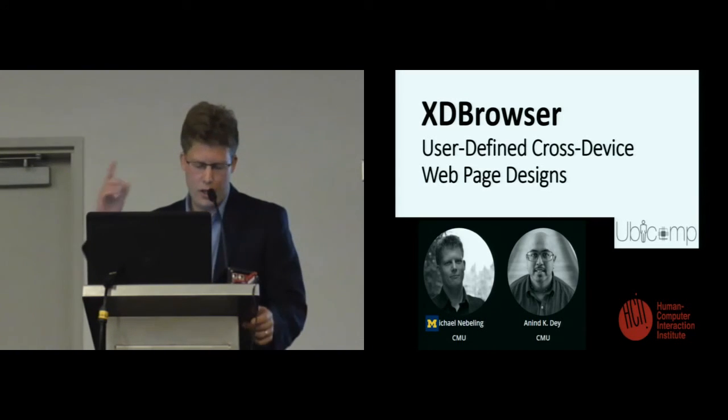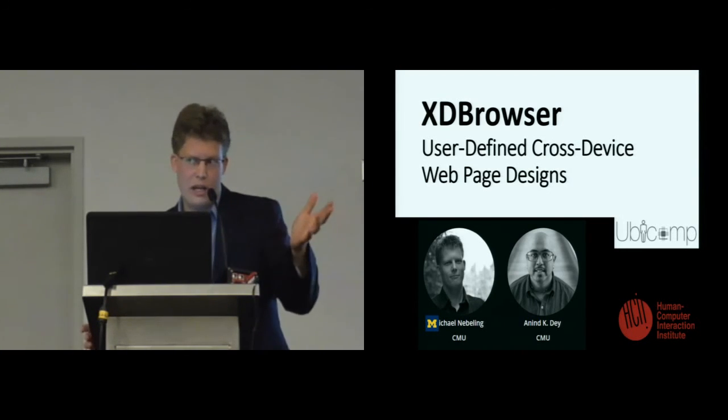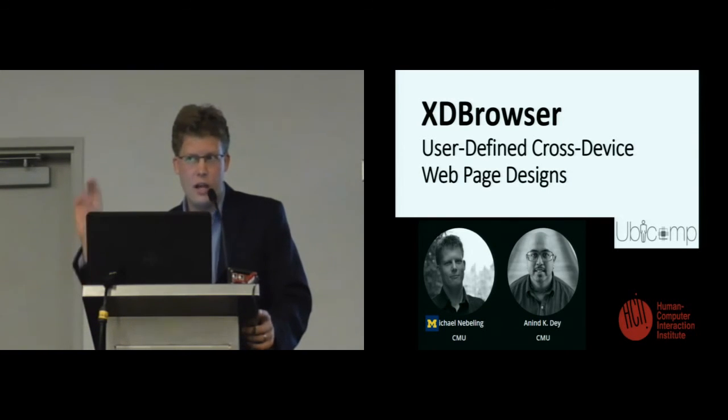Yeah, so when I showed the quick video of XDBrowser 2.0, this is the current state that I have. What I could give right now is a toolkit to people that allows them to annotate different elements, and based on these elements I could trigger these patterns automatically. But what I'm even more interested in is being a little bit more intelligent about it by applying the techniques to existing web interfaces that don't follow any of these patterns.